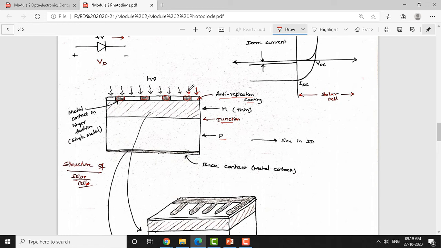So, the light falls exactly on the N type, which is made so thin that the photon energy directly enters the junction. Here the electron-hole pairs are generated, and that results in a current flow from the N side to the P side. And this is of course the base contact layer. You can see at the bottom a metal contact.